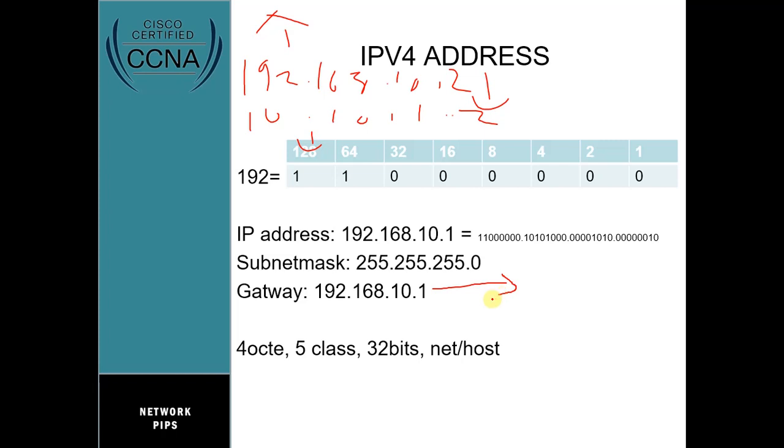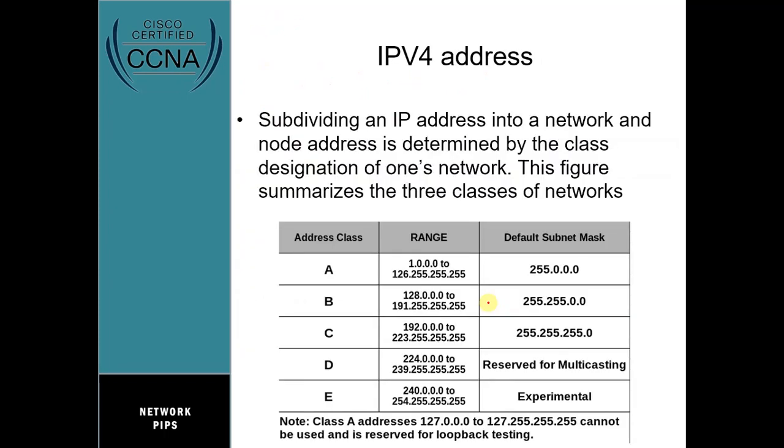So that's about that. We have different classes of IPv4 address. Class A ranges from 1 to 126, and has a default subnet mask of 255.0.0.0.